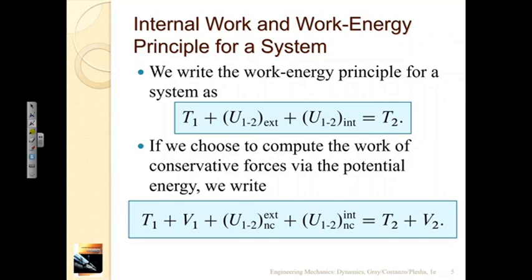Do we follow that? Maybe I should have used A's and B's, but then I got a summation over A's and B's, and I didn't like that. So sorry, this is kind of funny notation. The point is, track the kinetic energy for every particle you care about. Track the potential energy for every particle you care about.